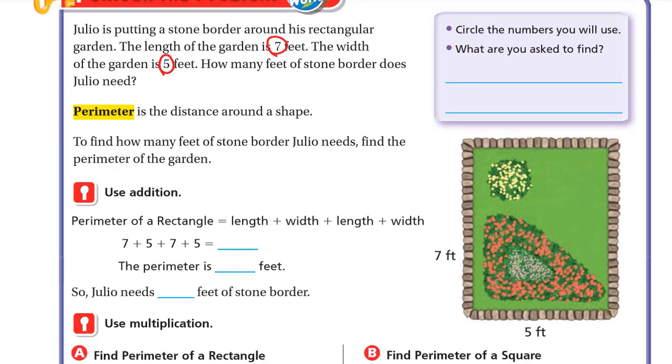Okay, so here what are you asked to find? We need to find how many feet of stone border Julio needs.